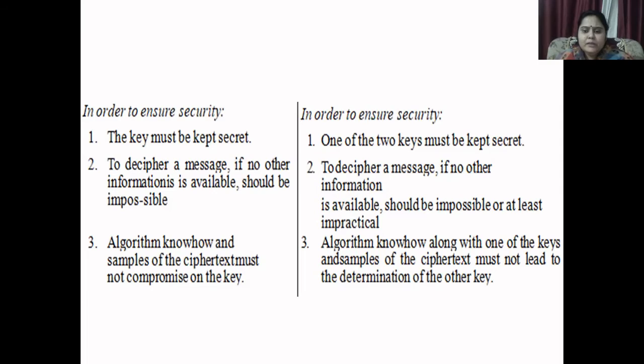The algorithm being known and samples of the ciphertext must not compromise the key. Knowledge of the algorithm, along with one of the keys and samples of the ciphertext, must not lead to the determination of the other key.